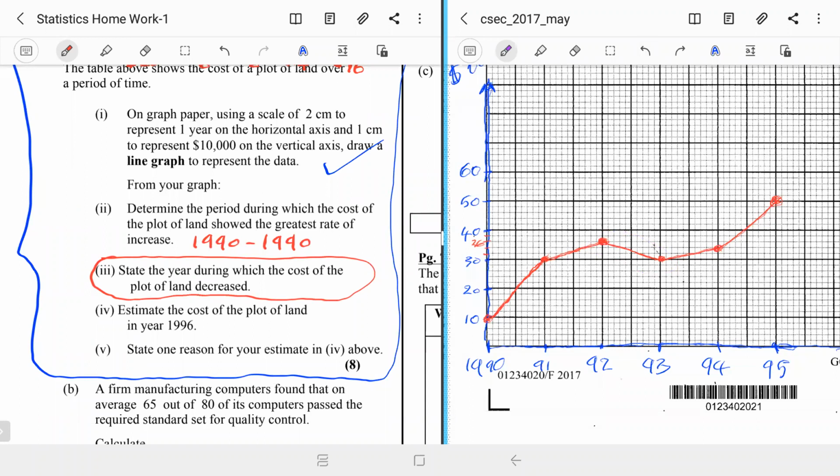Let me explain why I can't do that. A lot of the times, the business year does not start in January. 1993 is just a point on the graph. You don't know when in 1993 they finalized and gave you this figure. It could be December, but it could be June.